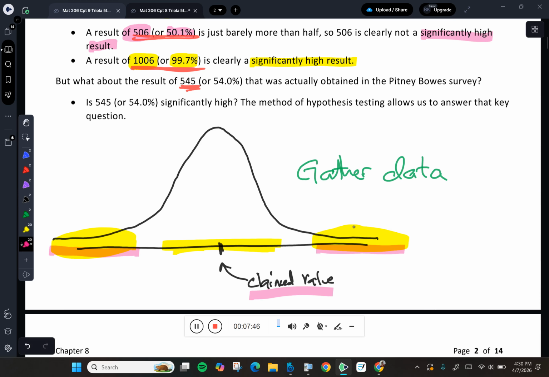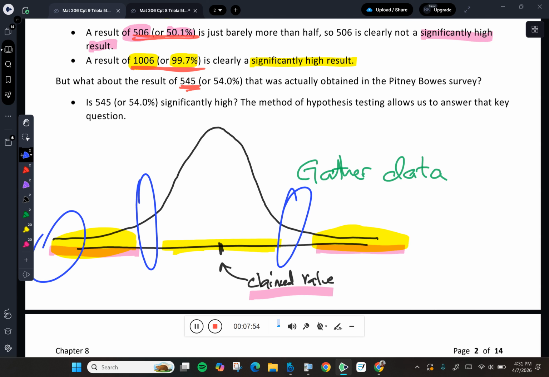Where the math comes in is here. Things that are way out here are obvious. Things that are really close to here are obvious. But how far away do you have to get before you're far enough away to be considered significantly low or significantly high?